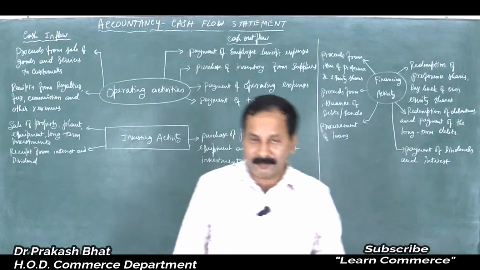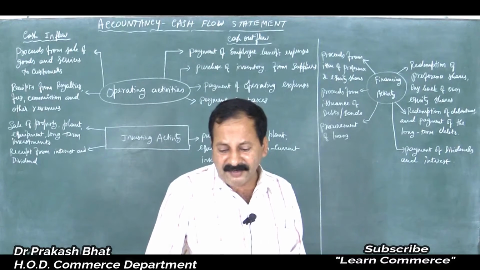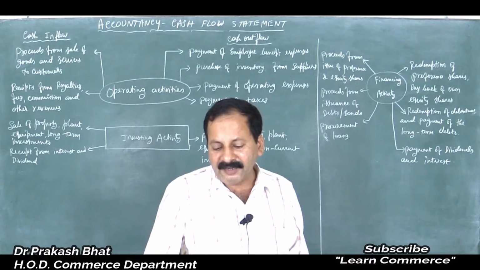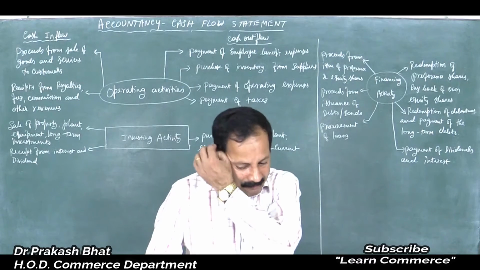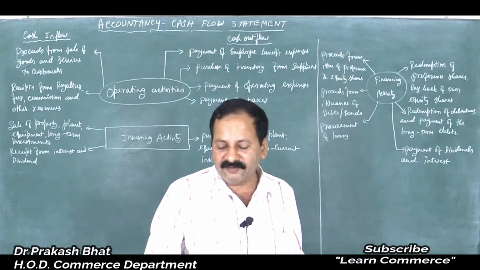I will read out the problem, we will analyze it in the meantime, and then let us solve the problem. Anand Limited arrived at a net income of rupees 5 lakh for the year ended March 31st, 2017. Depreciation for the year was rupees 2 lakh.